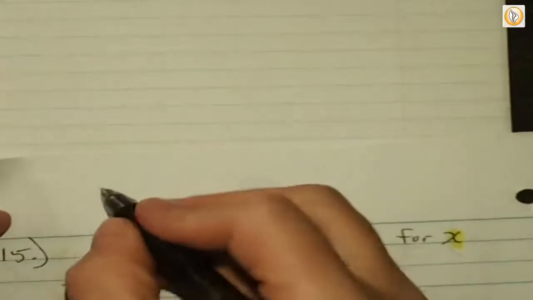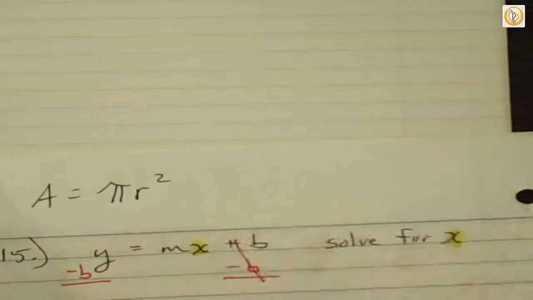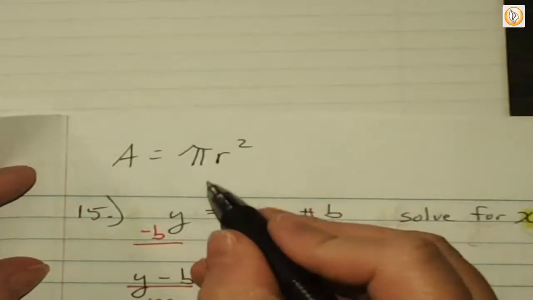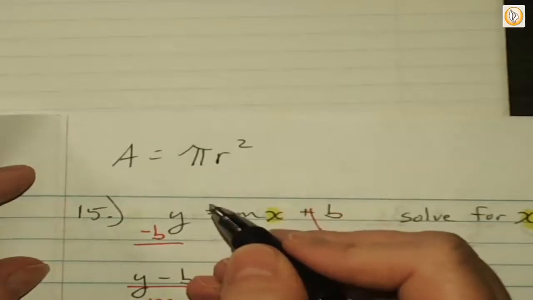And it was weird stuff just like this. She had to solve for, like, area equals pi r squared, and she had to solve for the r. It was a lab, so it must be her chemistry.